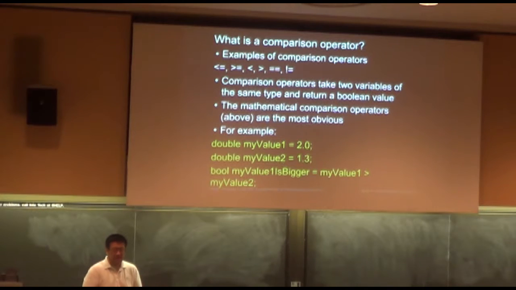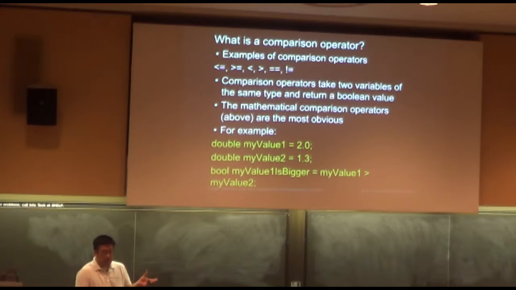So my value 1 greater than my value 2 evaluates to a Boolean. In this case, my value 1 is 2 and my value 2 is 1.3, so the result of the greater than operation is true. And then that true gets stored in my value 1 is bigger.